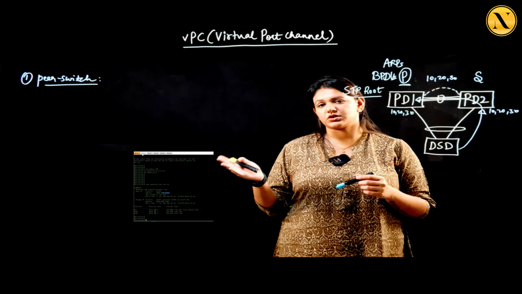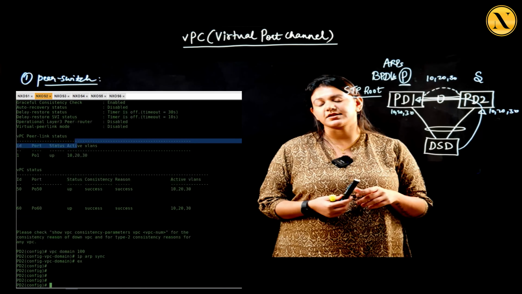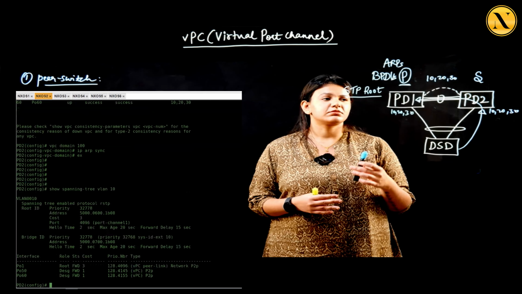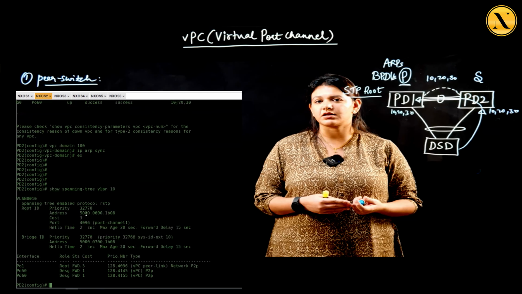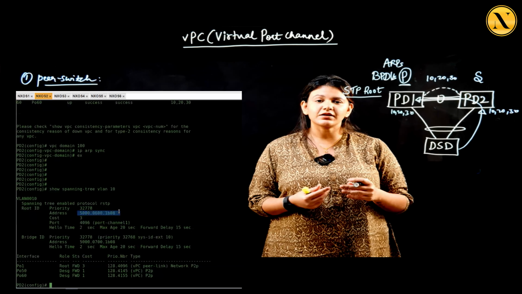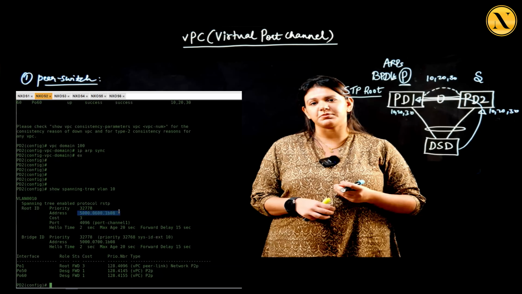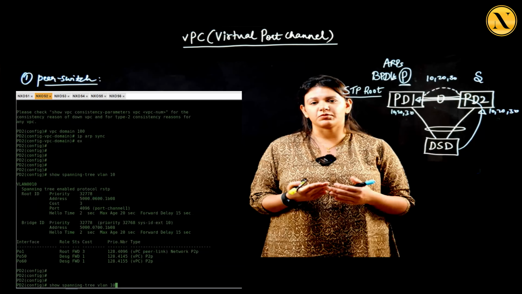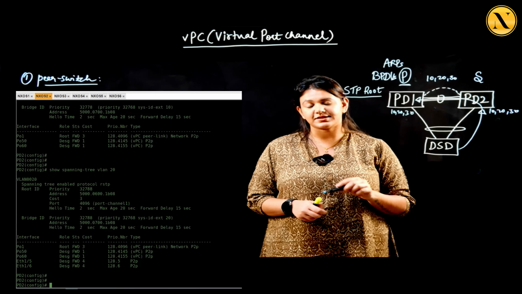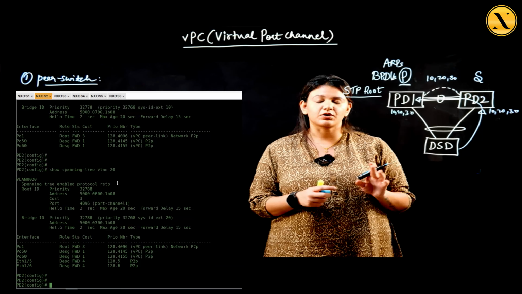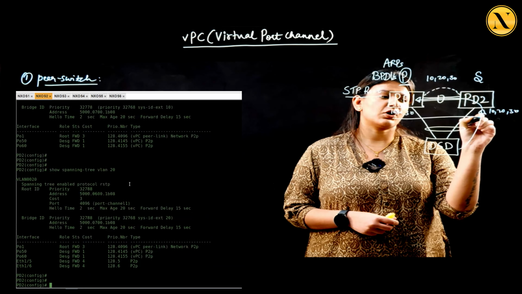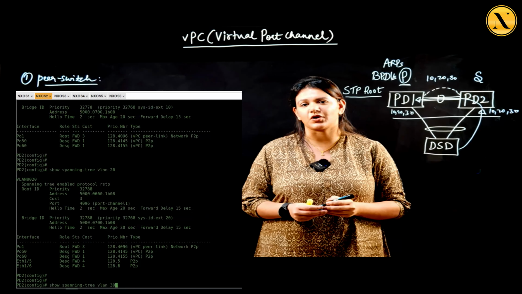With peer switch, the secondary device also gets the capability to behave as an STP root. Do both primary and secondary behave as individual roots? Of course not. For one VPC VLAN, or for one STP tree, you can only have one STP root. So both primary and secondary together are going to appear as a single STP root for all the VPC VLANs that you have configured.